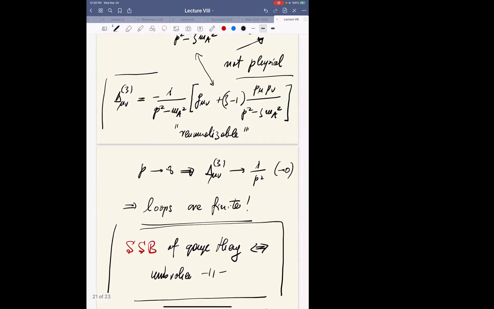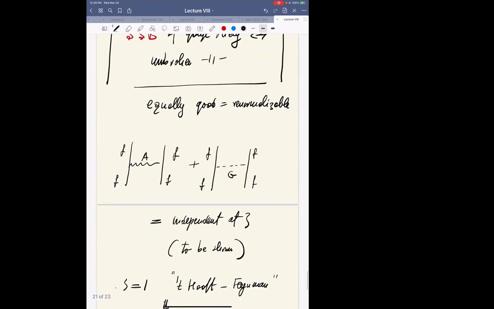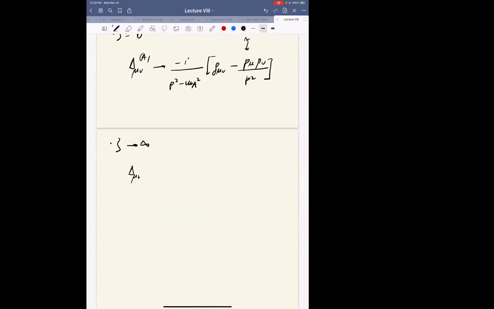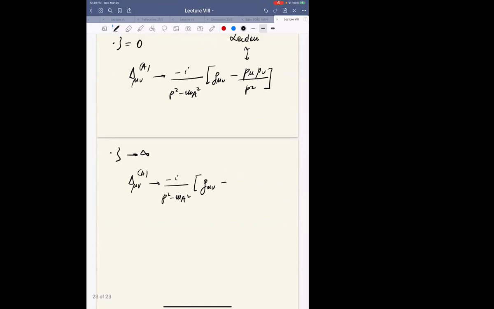Can you see, please? Then actually, as psi goes to infinity, it is MA that dominates. So for any finite P, as psi goes to infinity, you find out, in this case, that the propagator of A, Delta mu nu, goes into minus i (P squared minus MA squared g mu nu minus P mu P nu over MA squared).